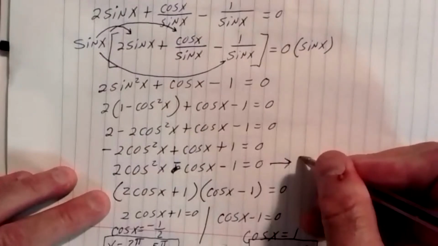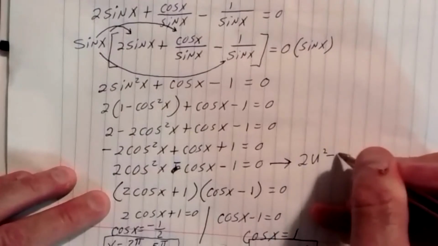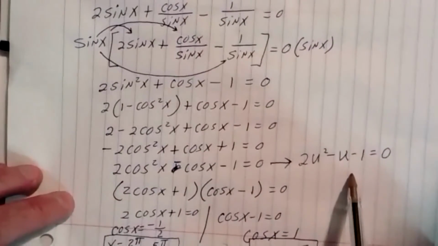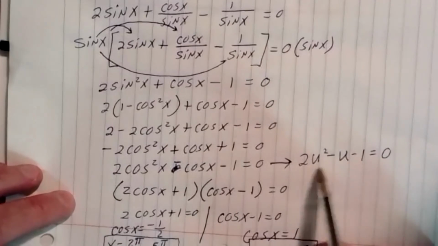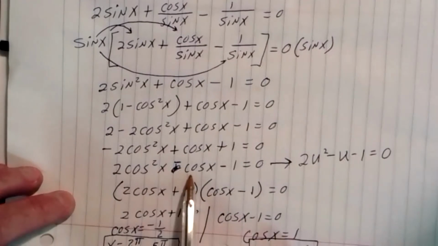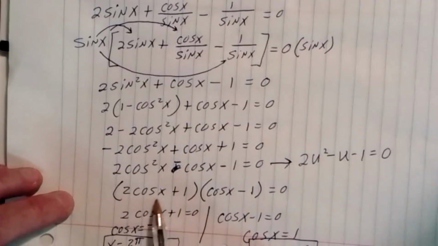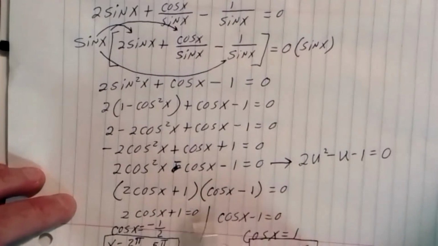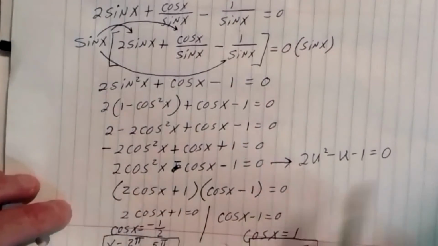This equation is analogous to this trinomial back in algebra. This quadratic equation. And this left side will factor. Therefore, 2 cosine squared x minus cosine x minus 1 factors into 2 cosine x plus 1 times cosine x minus 1. Setting both these factors equal to 0.